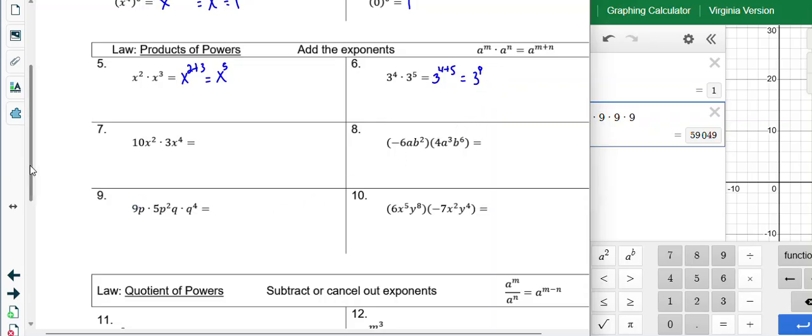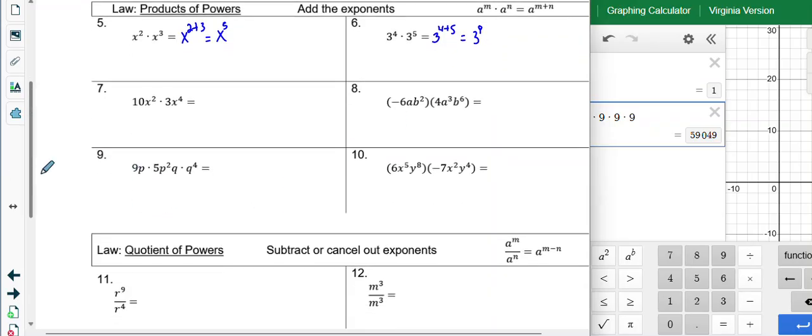All right, so here, for these next 4 problems, we have to be a little careful because we have 2 things going on. You have 10 as a coefficient to x squared multiplied by 3, which is a coefficient to x to the 4th, and everything is being multiplied. So we're going to collect things together. I'm going to first just write it all out.